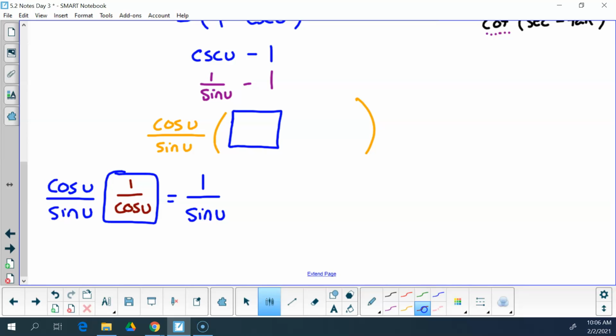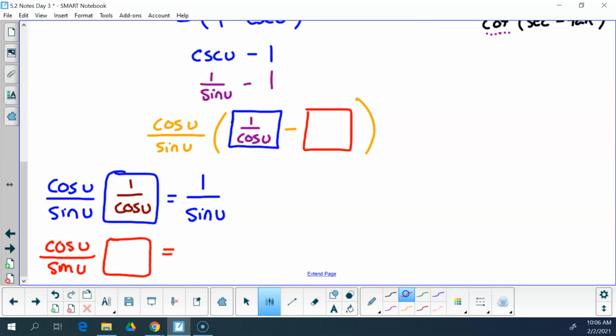So in this box then goes what's got to fill my red box? What do you got? Sine over cosine.